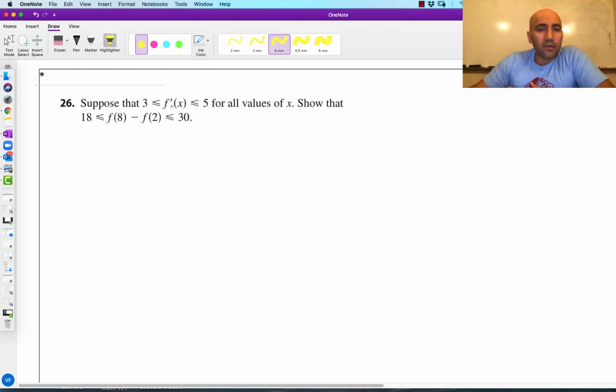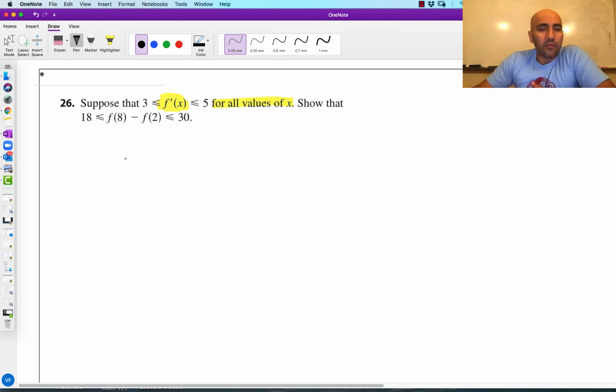Suppose that this first derivative is trapped between 3 and 5 for all values of x. By that statement, we can conclude that the derivative exists for all x, and its output is somewhere between these two values, right?